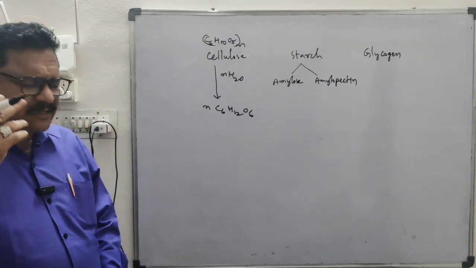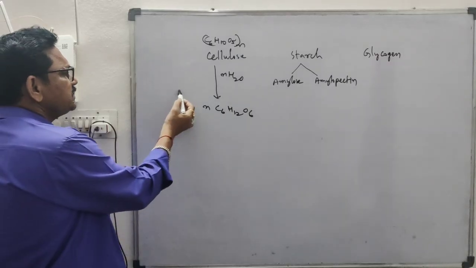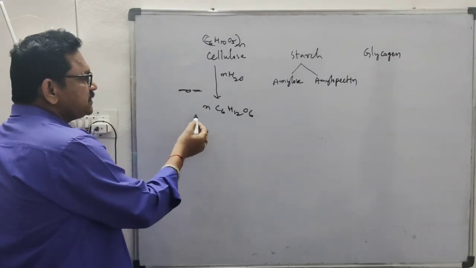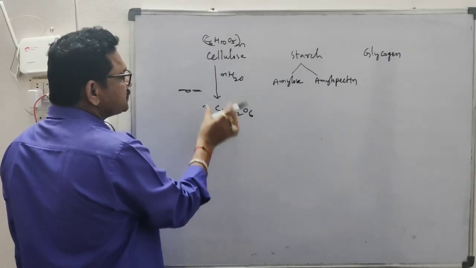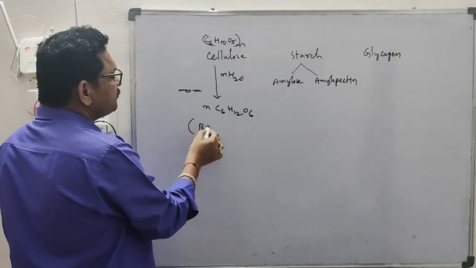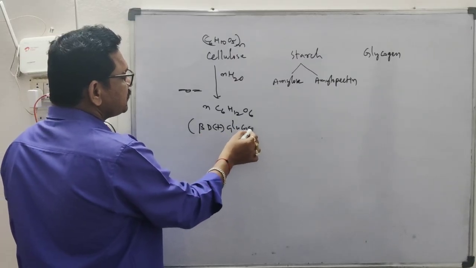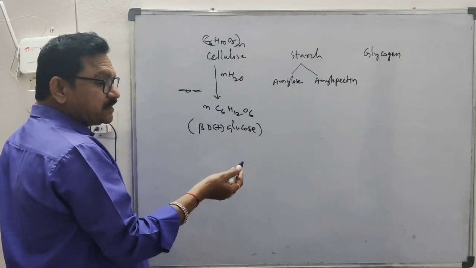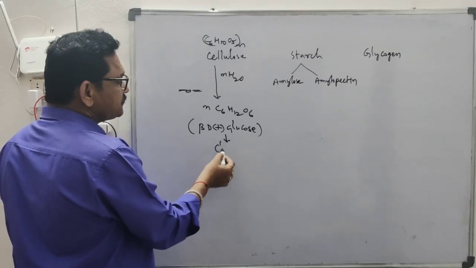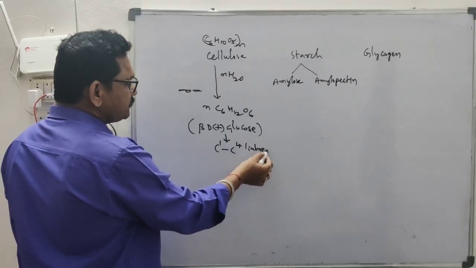What is the glycosidic linkage? Yesterday I told you, glycosidic linkage simply means an O link. Cellulose is composed mainly of beta D glucose units, completely composed of several beta D glucose units, in which there is a C1 C4 linkage. So I give you the structure.